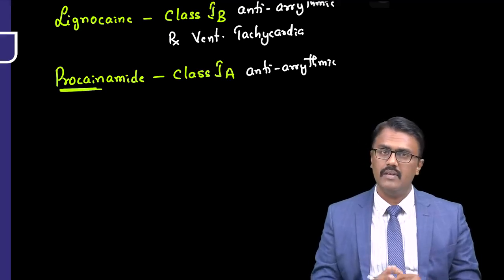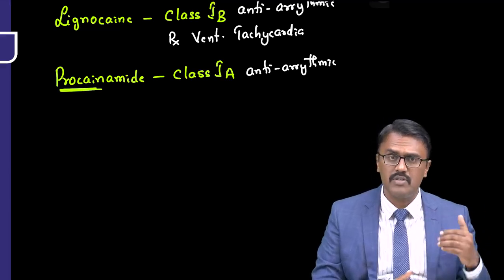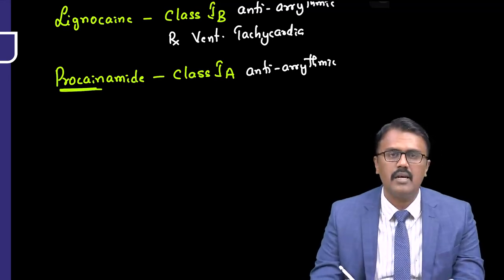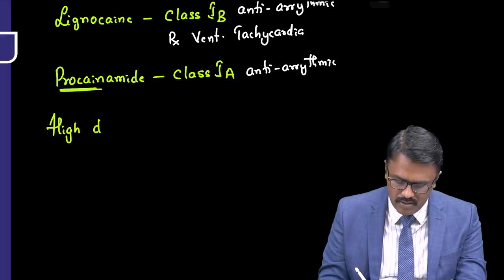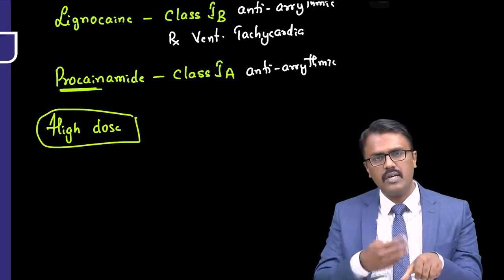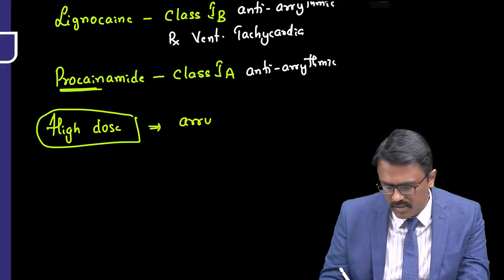Local anesthetics can be used to treat arrhythmia, but at high dose, they themselves can cause arrhythmia. In toxicity of local anesthetic, for example, by chance you give lignocaine high dose IV, then what happens? High dose can itself cause arrhythmias.